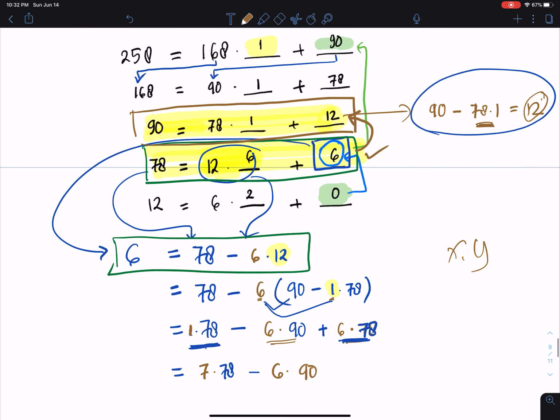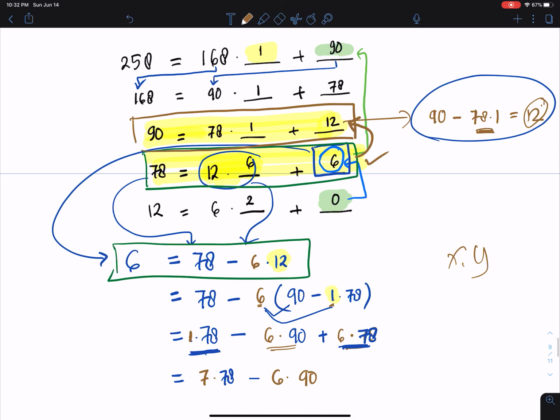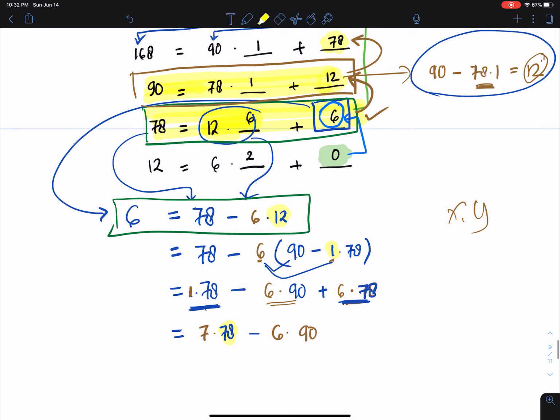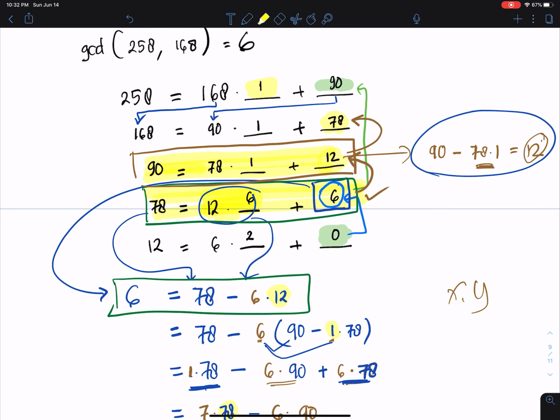Okay. Next, which row are we moving to now? We are moving to the next one. What number do we see here? 78. So we need to change our 78 in here. If you're looking at here, what will be our 78 from here?